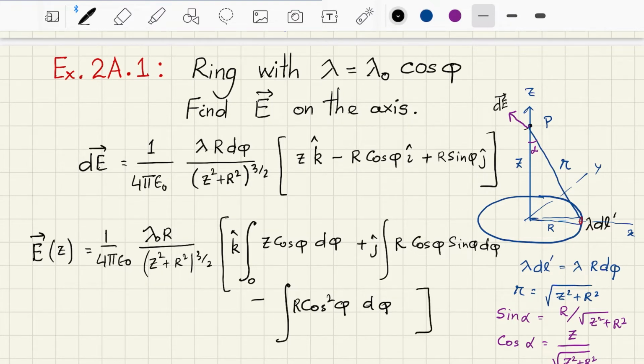Each one of them, of course, is from 0 to 2 pi.